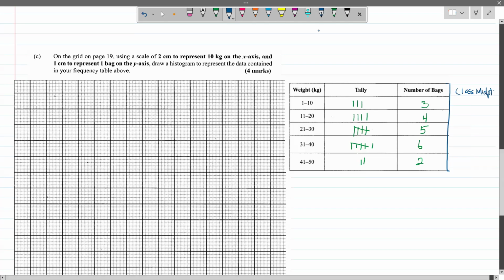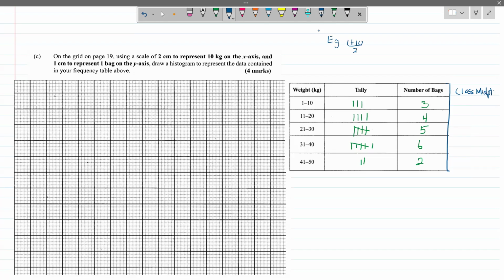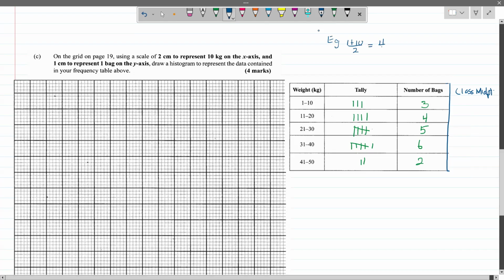We will add these values. 1 and 10, I'll just do an example up here: 1 plus 10 divided by 2, 11 over 2 is going to give us 5.5. We saw that in the earlier part of the question. So I'm going to get 5.5 here.